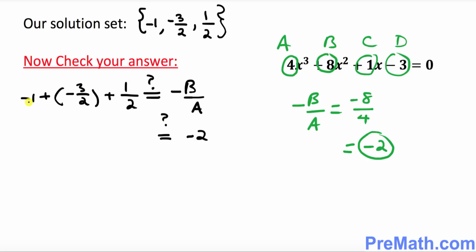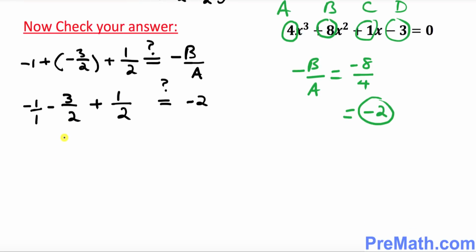Now let's see the other side. Negative 1 I could write as negative 1 over 1, plus negative 3 over 2 plus 1 over 2. Our least common denominator is going to be 2. So I can write negative 2 over 2 plus negative 3 over 2 plus 1 over 2.